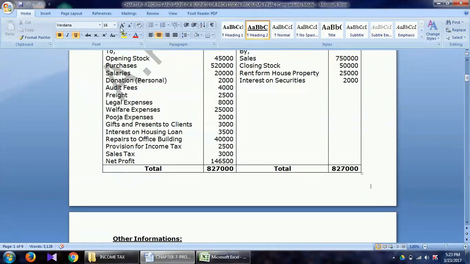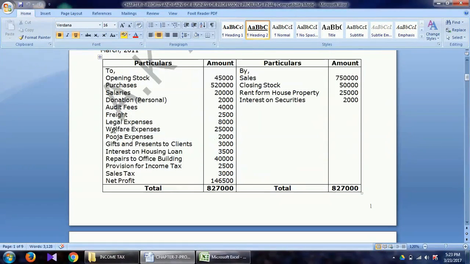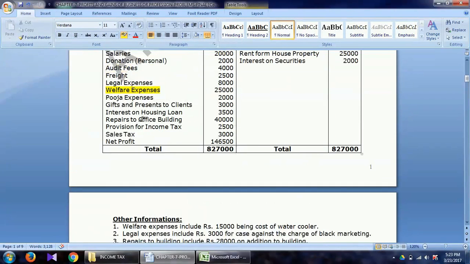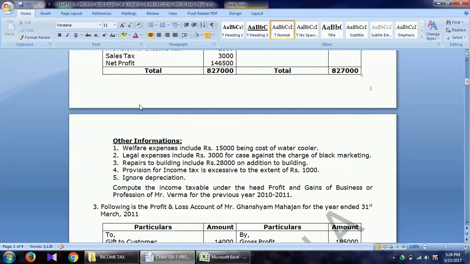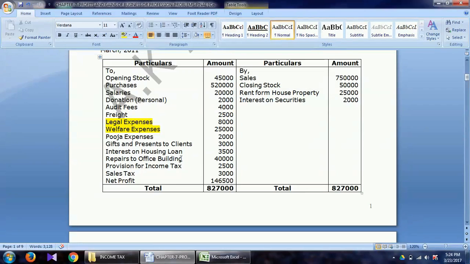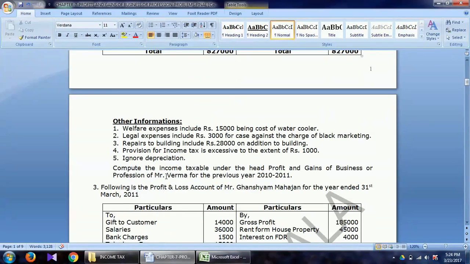First of all, welfare expenses, then legal expenses, repairs to building and provision for income tax. Okay, so let us start solving this sum.